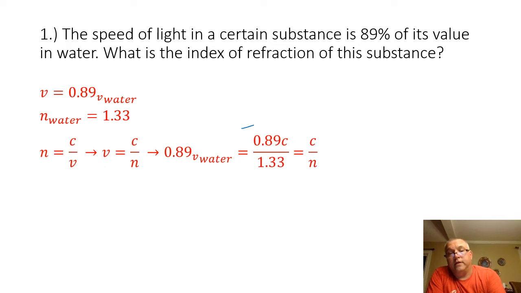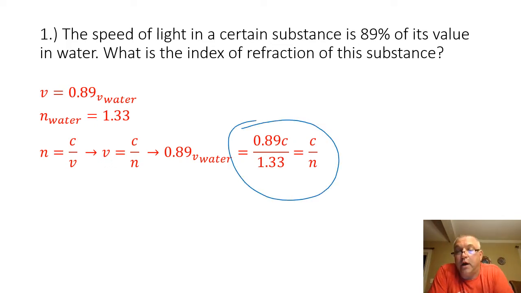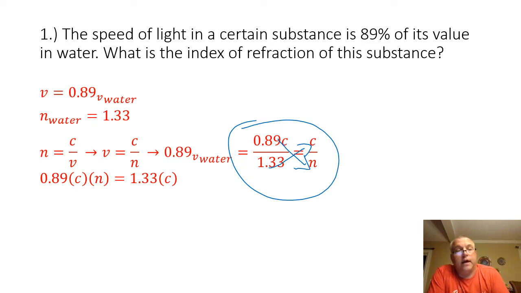So I can take this proportion, and basically this is all just a proportion problem, and solve for n. The first thing I want to do is cross multiply, and I have 0.89 times c times n equals 1.33 times c.